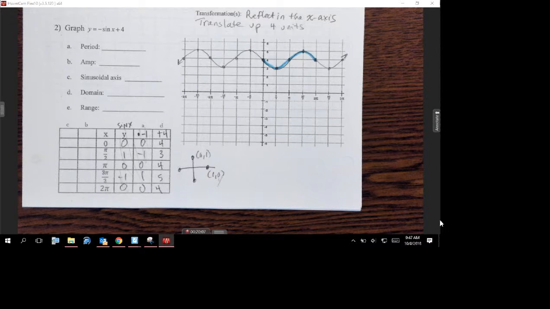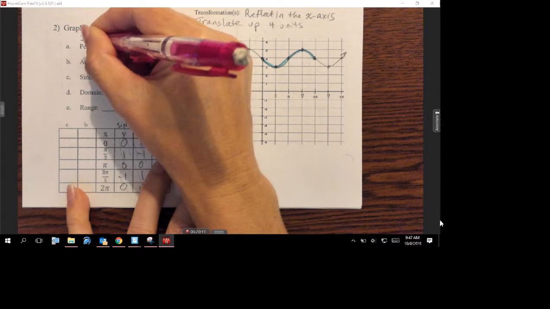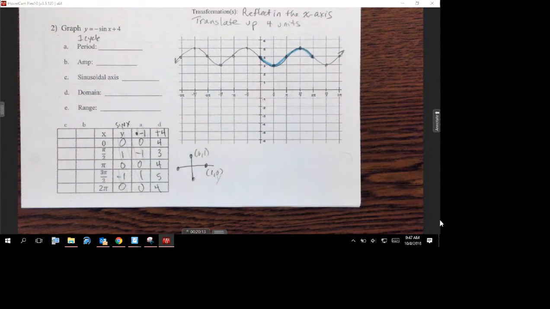Okay, now the period. The period is one cycle. So if you look up here, if the period is one cycle, it's like a horizontal length, all right? And the only thing that can possibly change a horizontal length would be if I did this, or I did that.